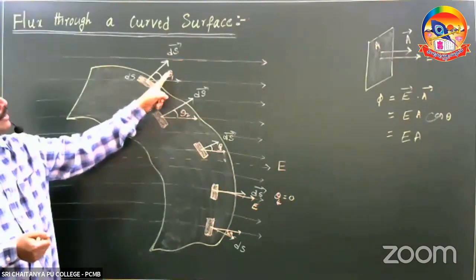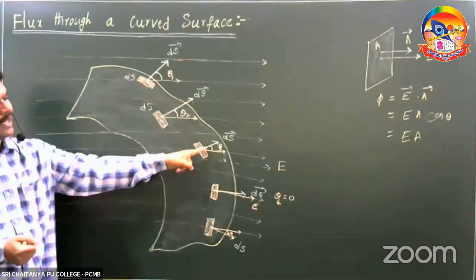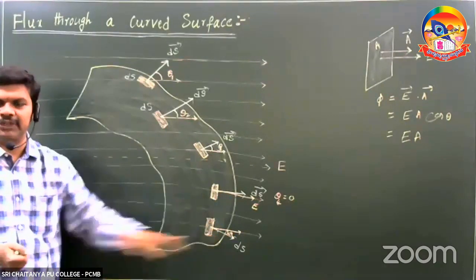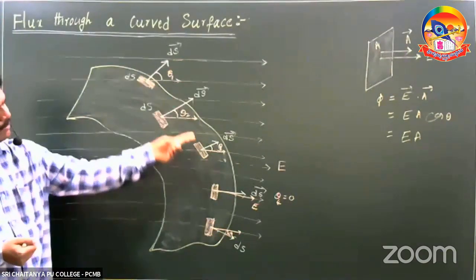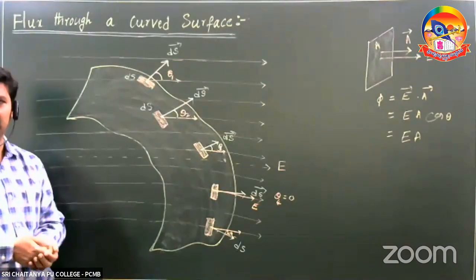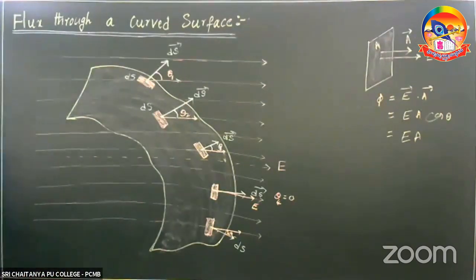Here the angle is theta 1, here theta 2, here theta 3, here theta 4, here theta 5. If you observe the diagram, those angles are not the same, right?